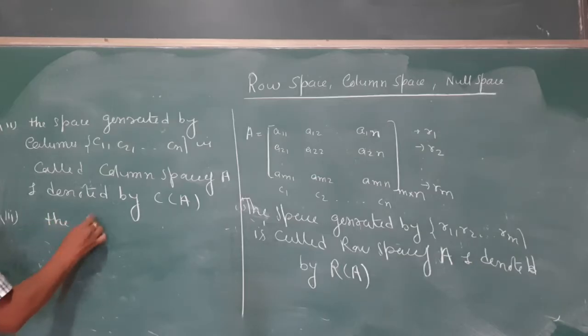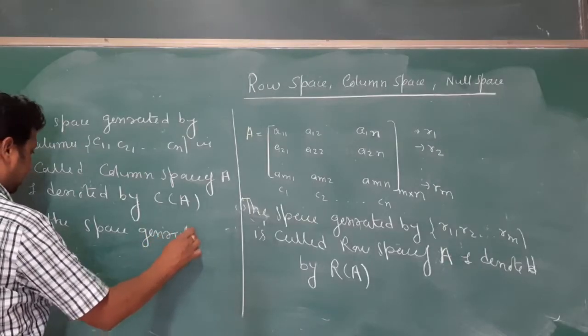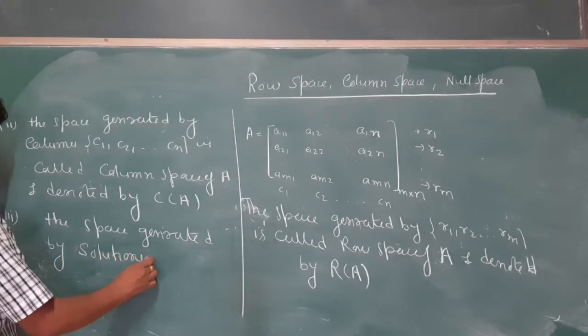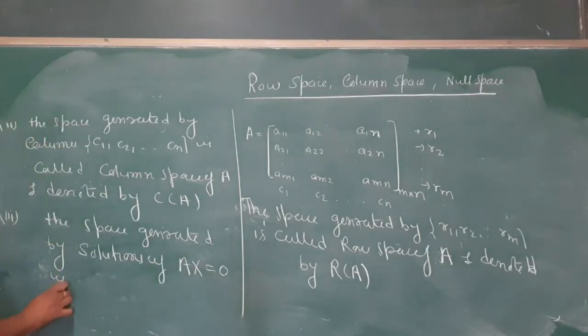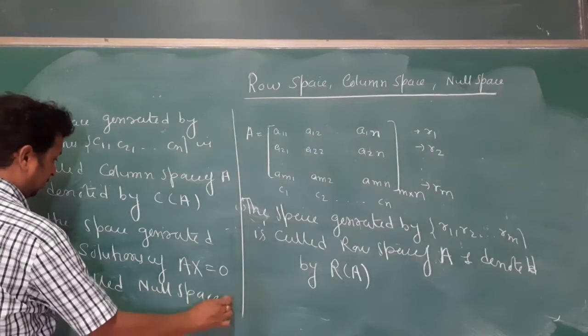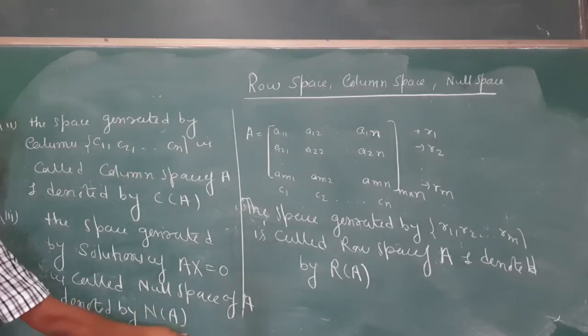The space generated by solutions of Ax is equal to 0 is called the null space of A and denoted by N(A).